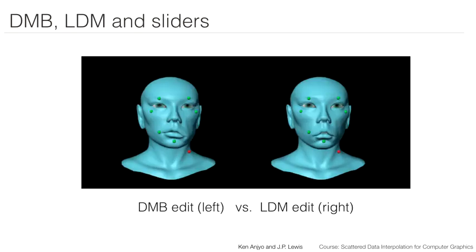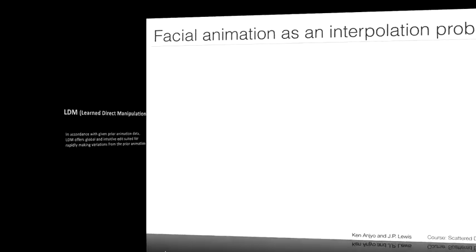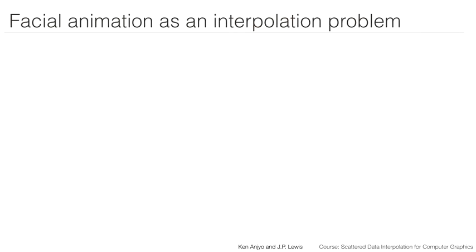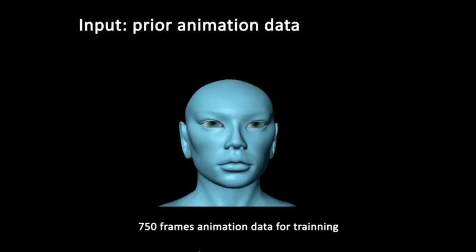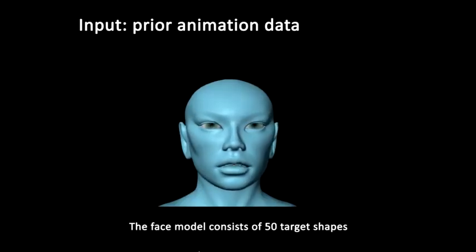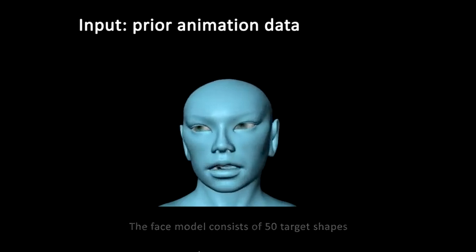So let's take a look at the difference between the original DMB, direct manipulation blend shapes, and also the learned version. Let me show you the video. So the first sequence shows the obtained motion capture data.